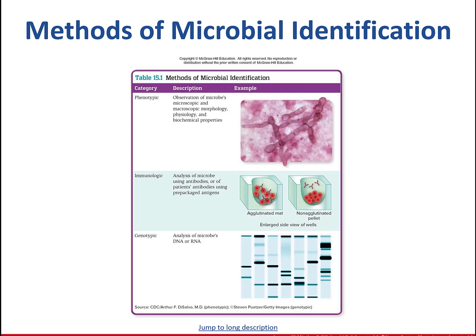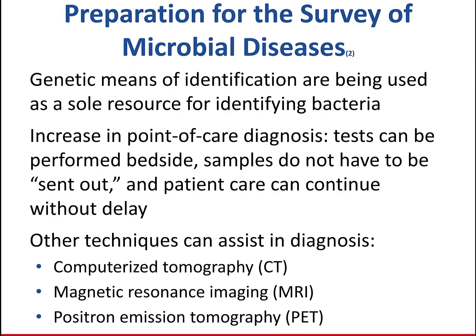And then, of course, the genotype is where we look at the genetics, and we won't go into too much detail on that. But the genetic means of identification are being used as a sole resource for identifying bacteria. It helps at the point of care diagnosis because it's so doggone quick. You don't have to send them out.